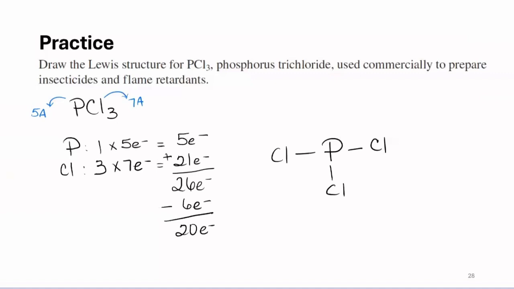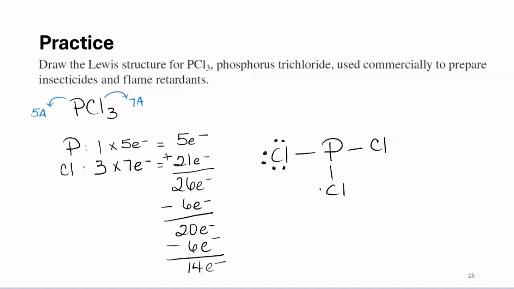Since chlorine is sharing 2 electrons with phosphorus, it only needs 6 electrons to complete its octet. So I will write 1, 2, 3, 4, 5, 6. That means that out of the 20, I use 6 electrons. So I only have 14 left.